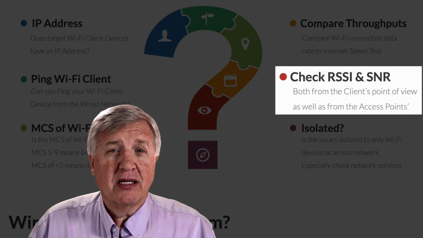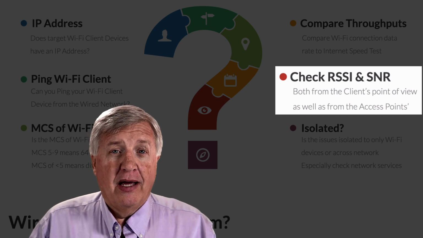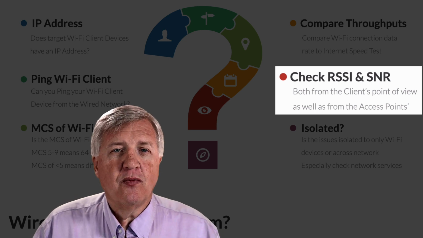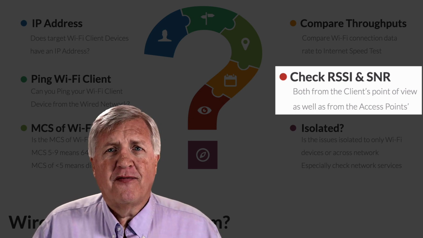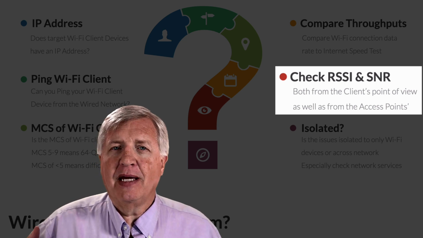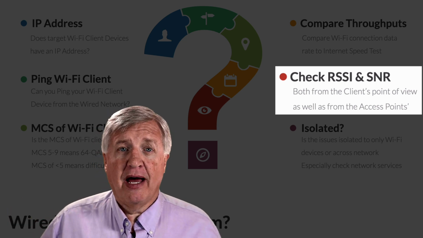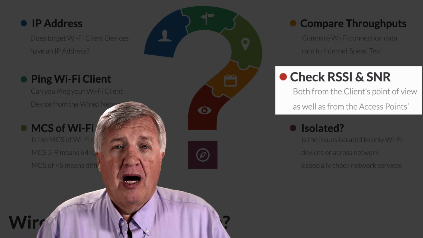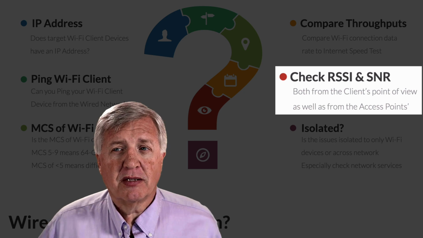I would rather use MCS. So if I have a high SNR, maybe 25 or 30, I should be getting really good MCS. If I'm not, that means we've got some congestion someplace. I'm getting a good SNR, I'm getting a good RSSI, but for whatever reason, my client's choosing not to use a higher MCS. So I could use that as a comparison.